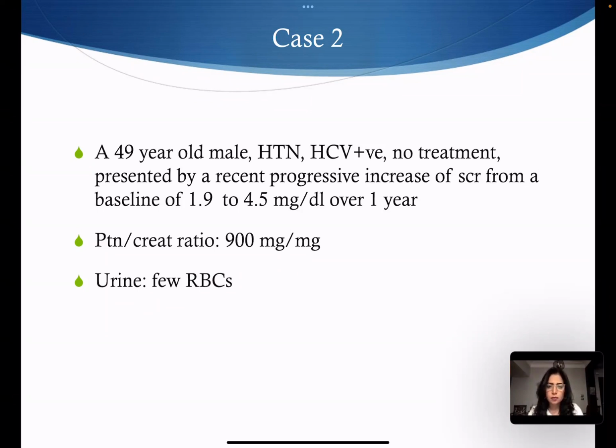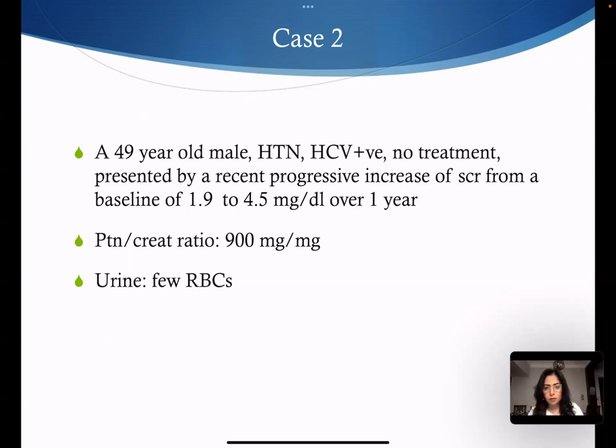Usually, the rate of loss of GFR in such patients should be around 2 ml per minute per year. And if it's more than 3 or 4 ml per minute per year, this would be some sort of rapid progression. So doubling of serum creatinine or more than doubling in a year should not be taken as just mere progression.